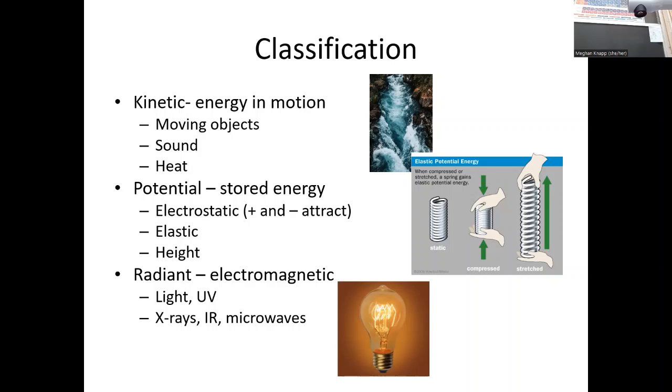Heat can cause or be caused by infrared radiation, and that's why there's that connection. And then microwaves. So we're familiar with the idea of heating food with microwaves. So that is a form of energy. We can change from the radiant energy of the microwaves to the thermal energy of the food molecules.